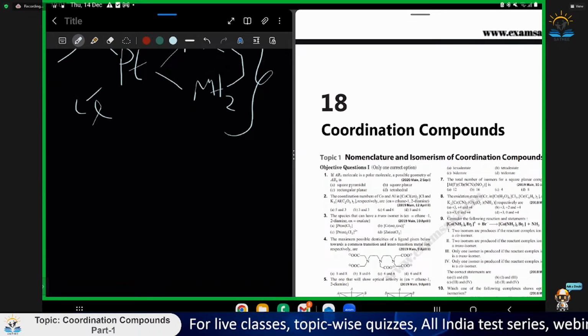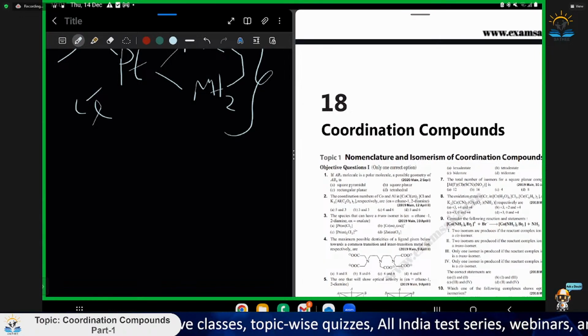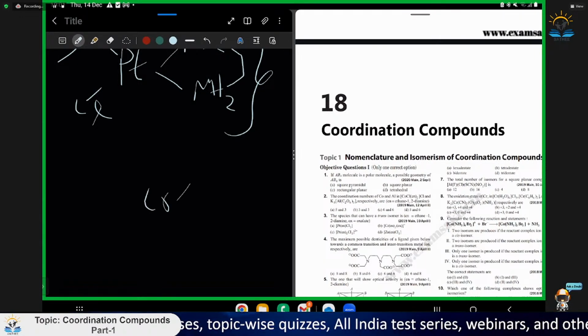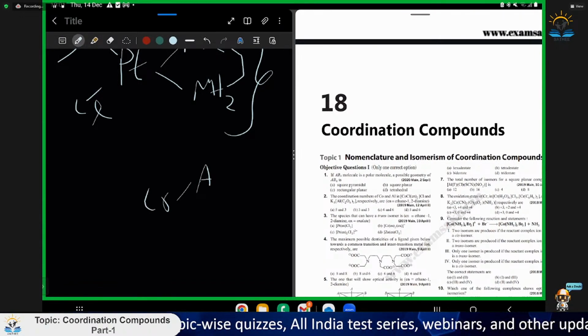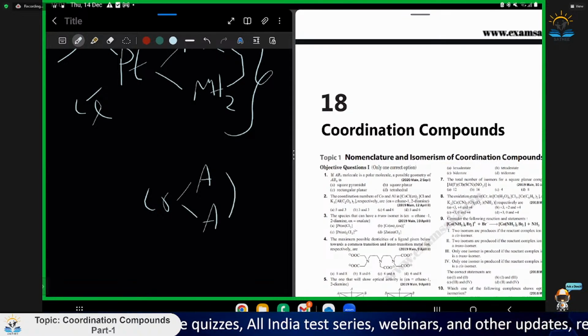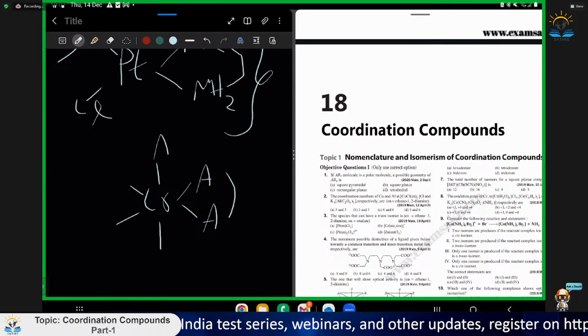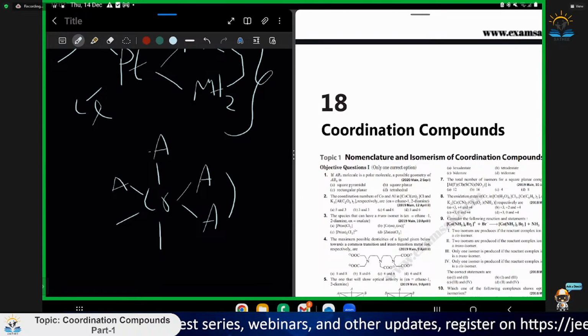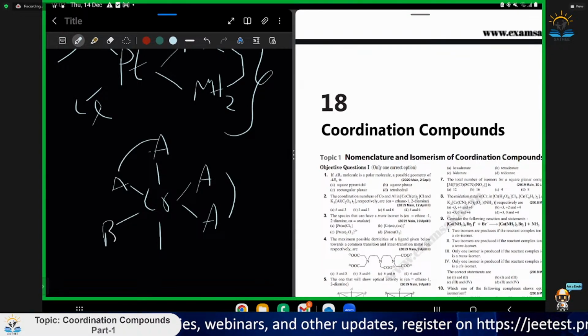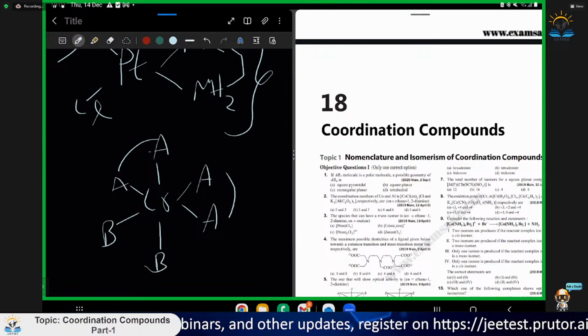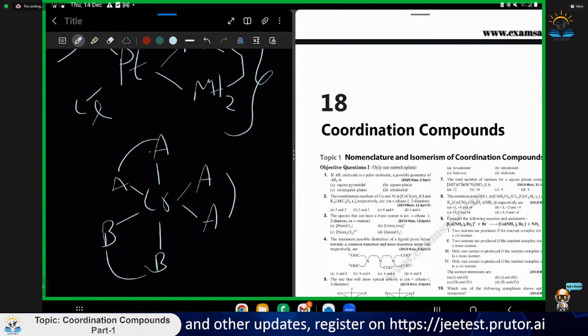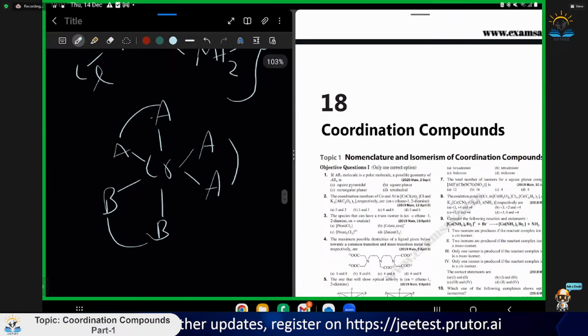Okay, the second option, I'm going to write it like A, A, and the last one like BB. But then you can't rotate it further.